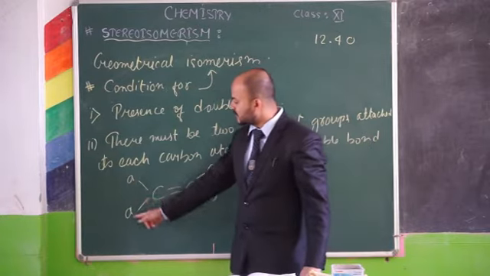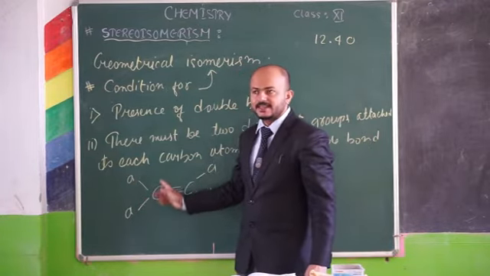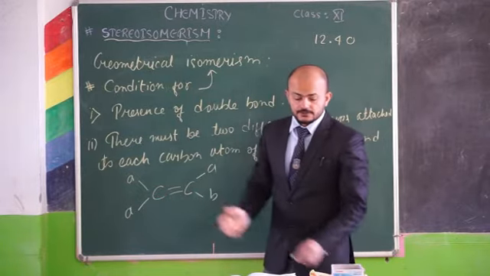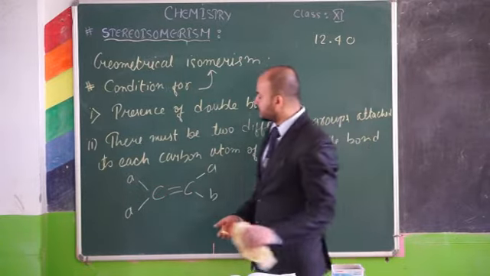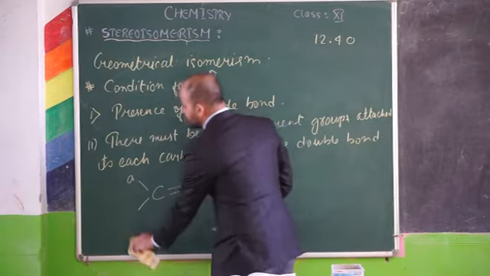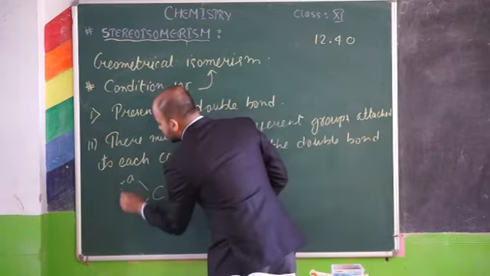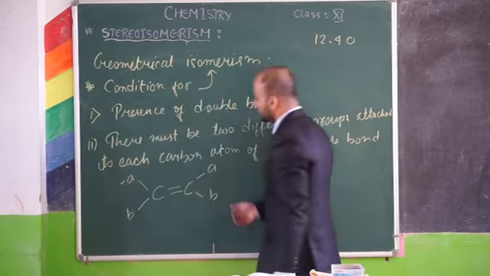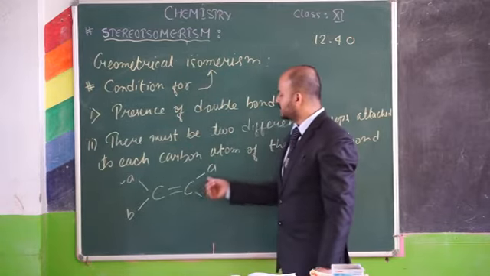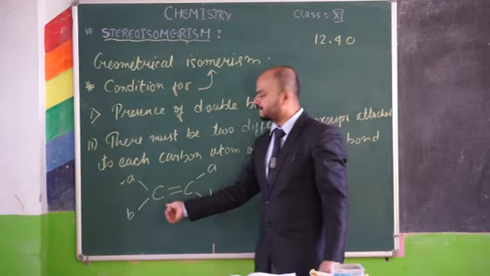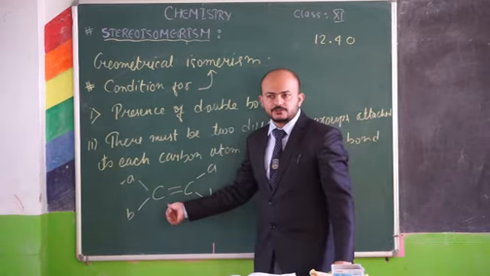If the same group is attached to the same carbon atom, then such compounds will not show geometrical isomerism. For a compound to show geometrical isomerism, there has to be a different group attached to each carbon atom, like group A and say group B. Here also you can see this carbon is attached to group A and group B. Now this compound will show geometrical isomerism.